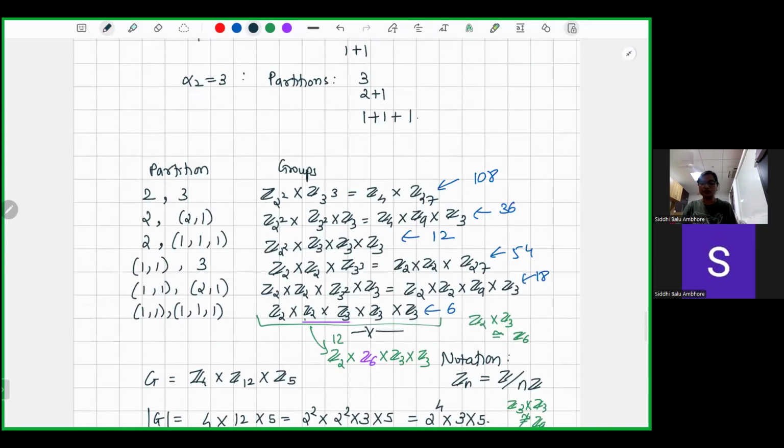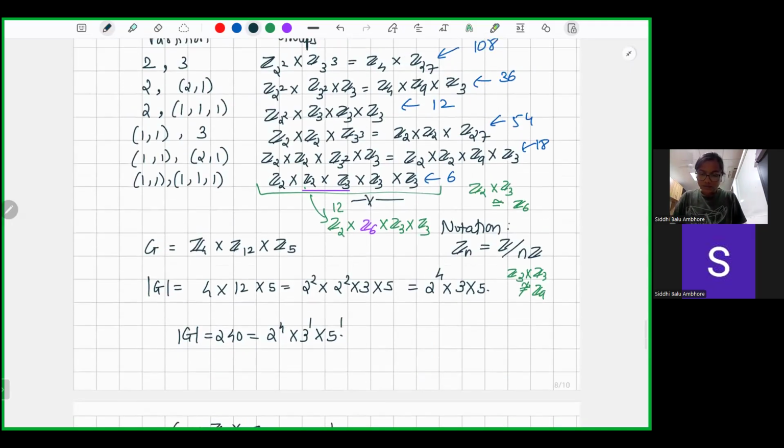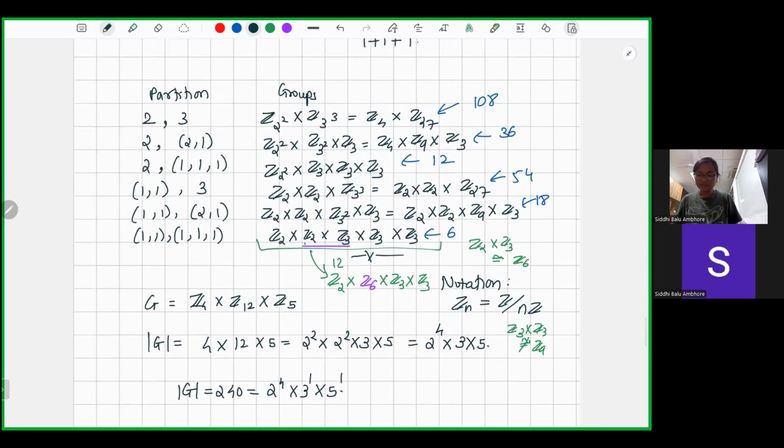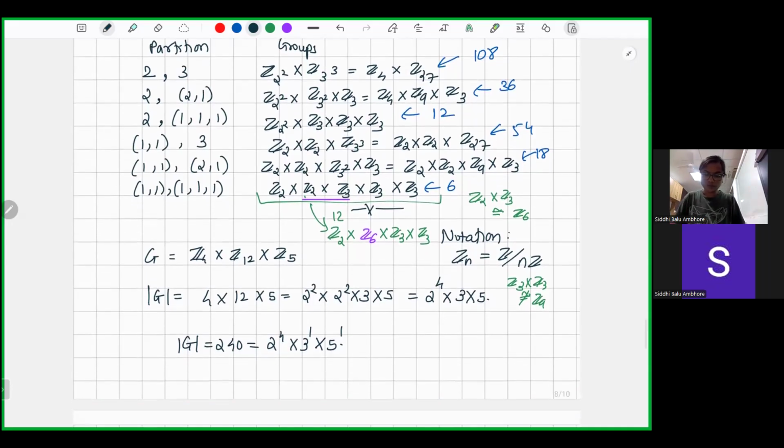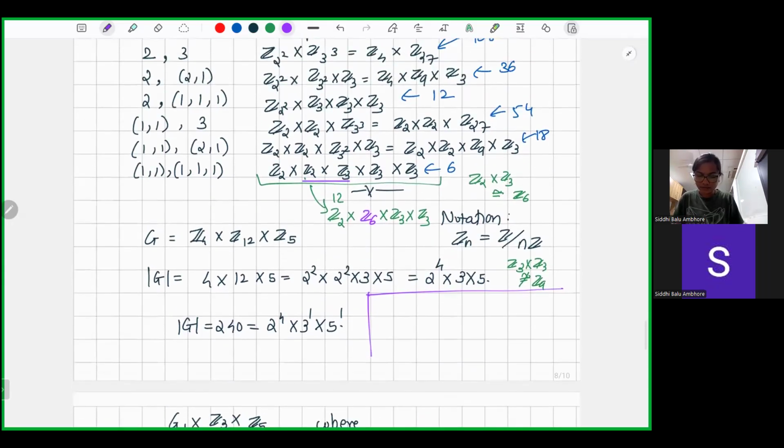Let us go through this example itself. If I was asked what is the group which is isomorphic to any of these, and if I club a few groups, so for example, if I take this example, Z2 cross Z18 cross Z3.